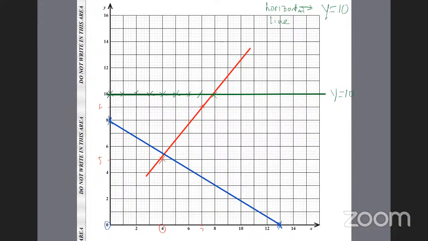So the note I want you to write is when y is equal to k, where k is any constant, we draw a horizontal line through k.